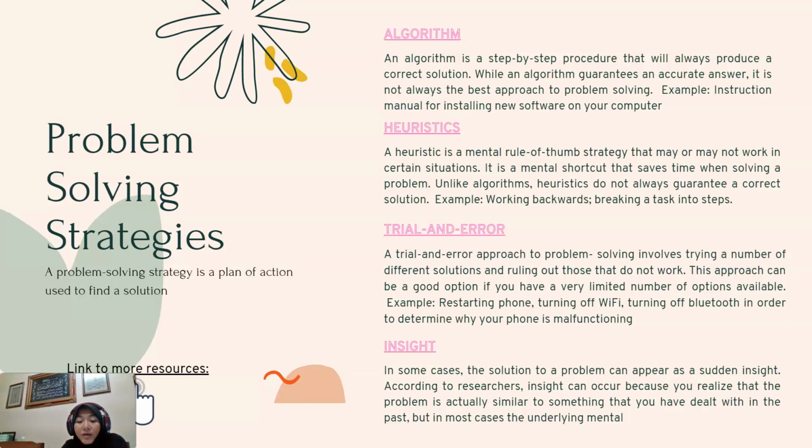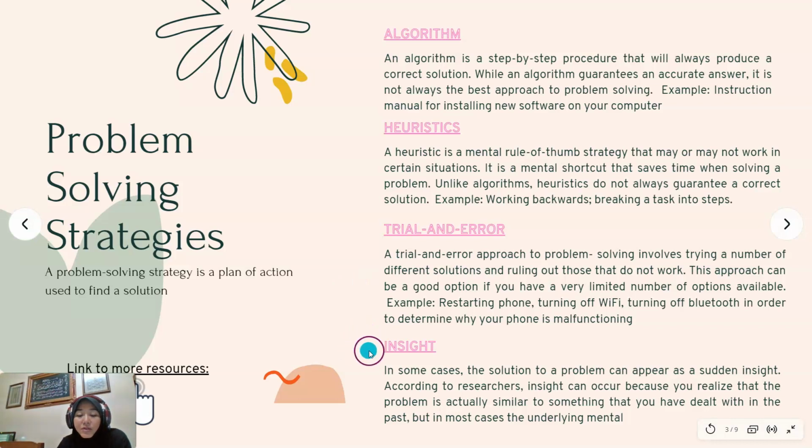So you can try one by one to identify the main reason your phone is not functioning. So you will try to identify by trial and error all the functions that you have in your phone.